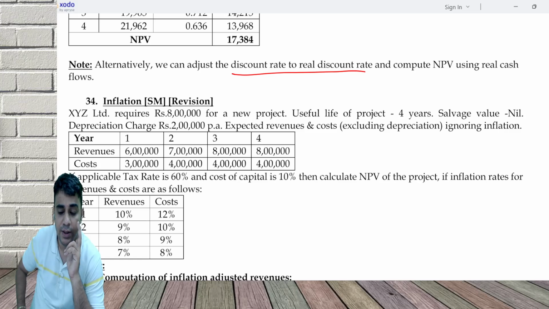They have mentioned 8 lakh for a new project, useful life, salvage value, depreciation charge, expected revenue and cost, ignoring inflation. Ignoring inflation means what?